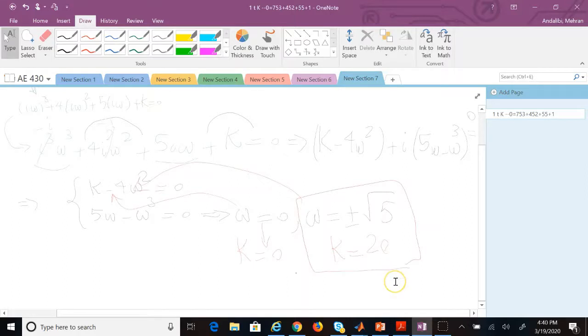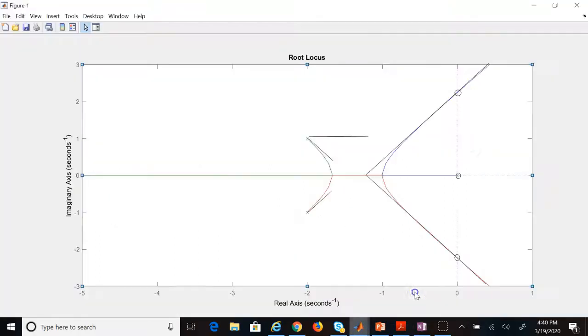So what does it mean? For the system to be stable, K can range anywhere from 0 all the way to 20. Once I make K bigger than 20, my closed loop transfer function poles are entering the right-hand side of the imaginary axis, and the system is unstable.